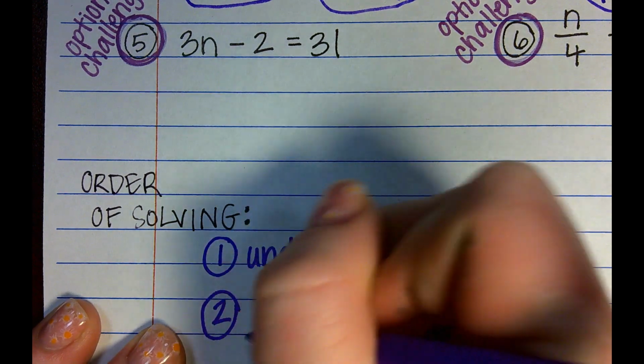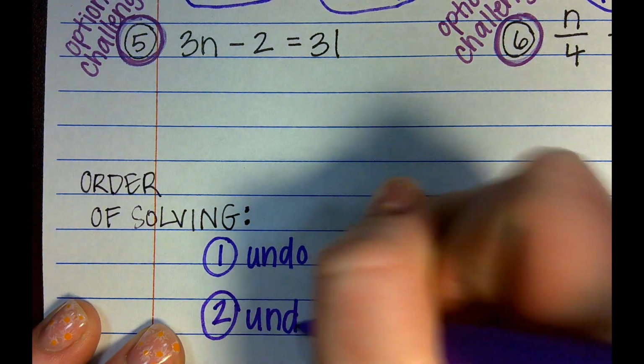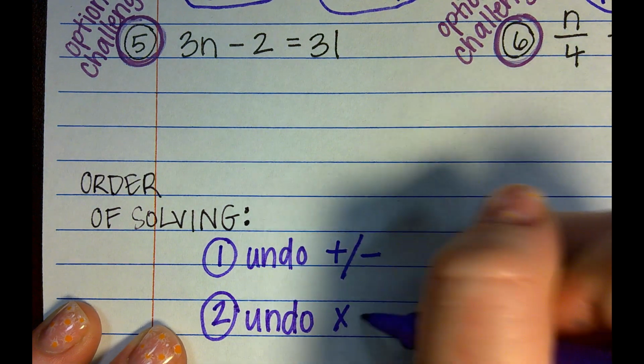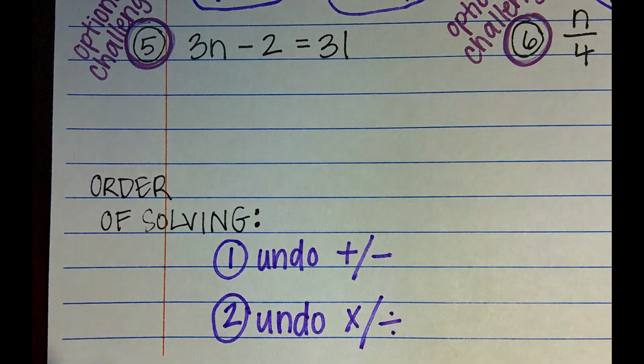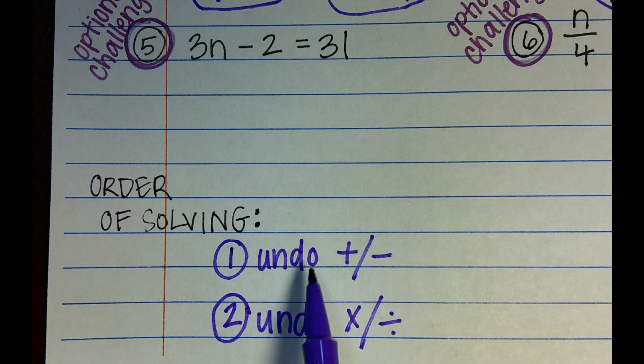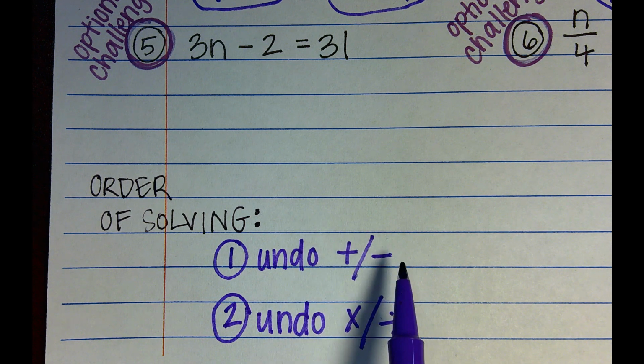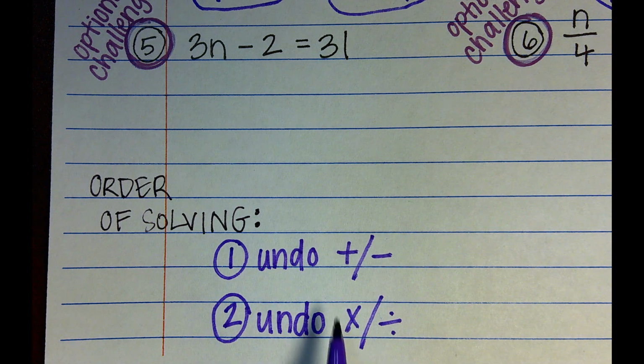Then, we undo multiplication and division. Right now, these are the only operations we're working with. We're not messing with exponents just yet. So we're just worried about getting rid of addition and subtraction first, and then multiplication and division.